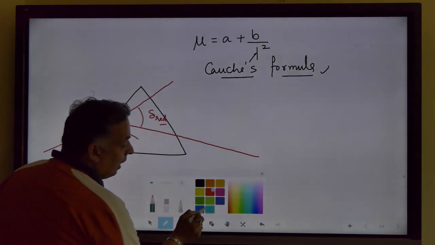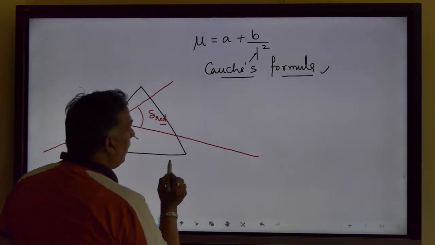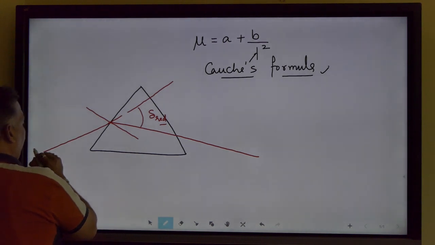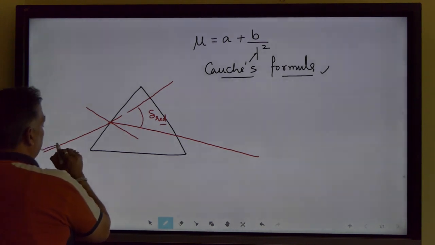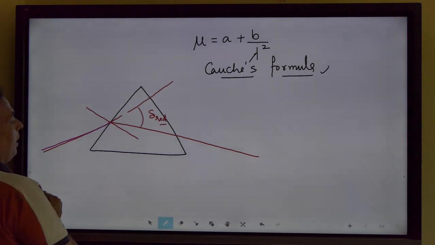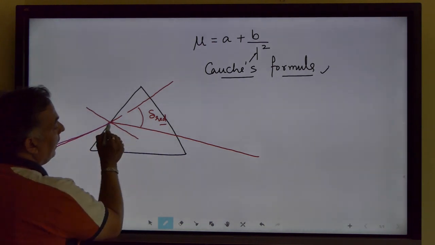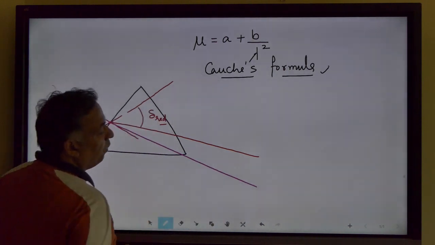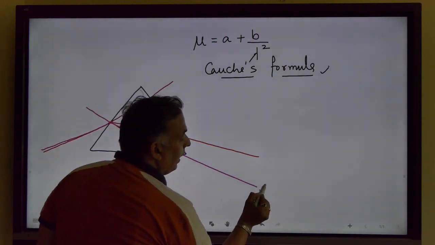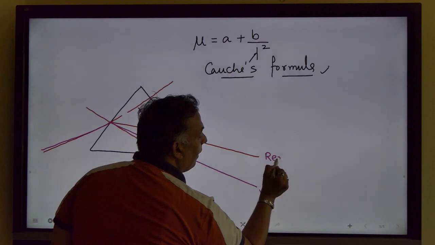And now I have a violet ray, this is another ray that's coming, and its bending is more. This is violet, this is red.